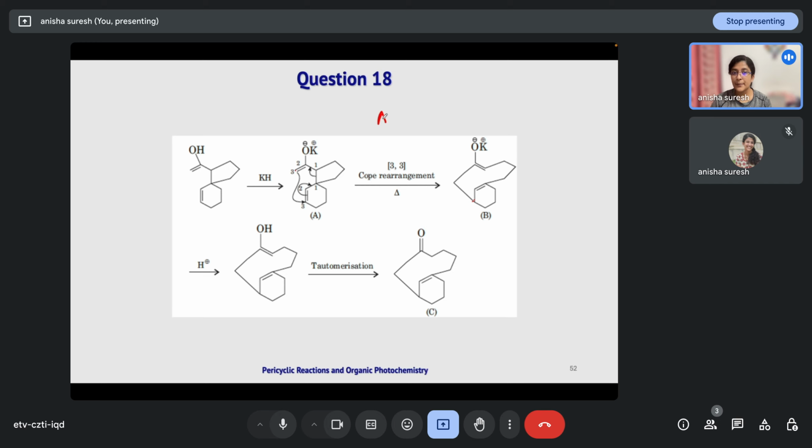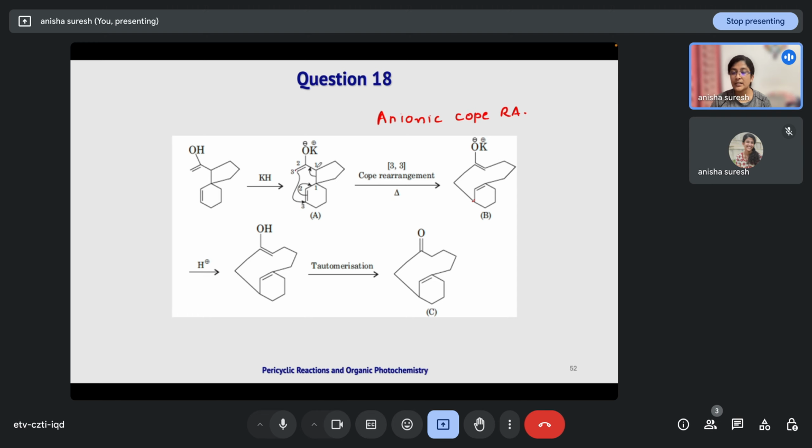So this is an example of anionic Cope rearrangement. First proton abstraction will be taking place in the presence of KH, and this anion will be generated. Then it will undergo an anionic Cope rearrangement. So this will be the numbering 3 2 1 1 2 3, and a bond will be formed between this 3 and 3.